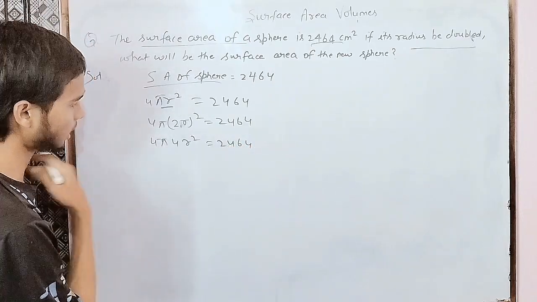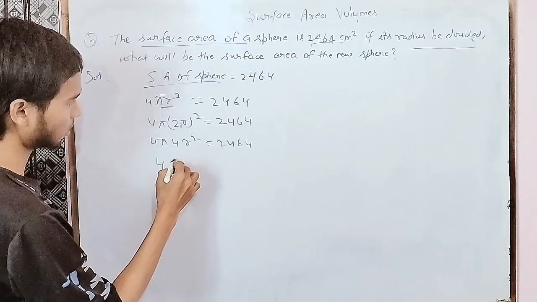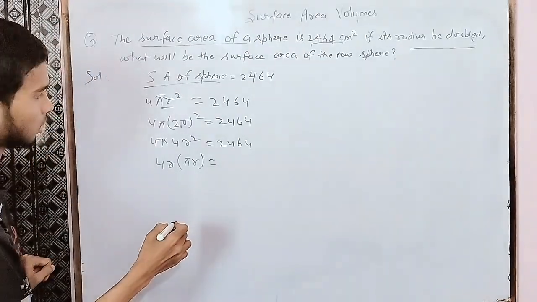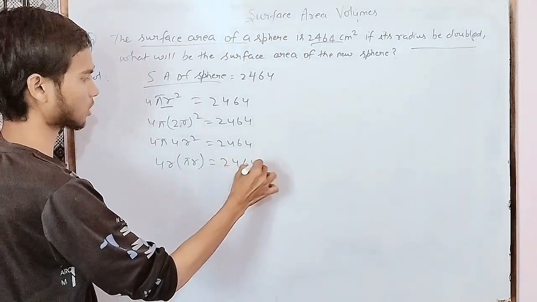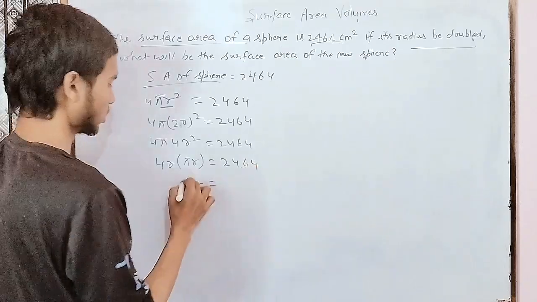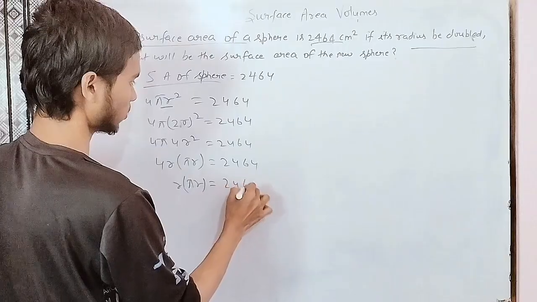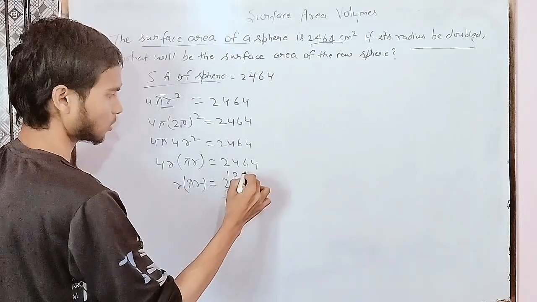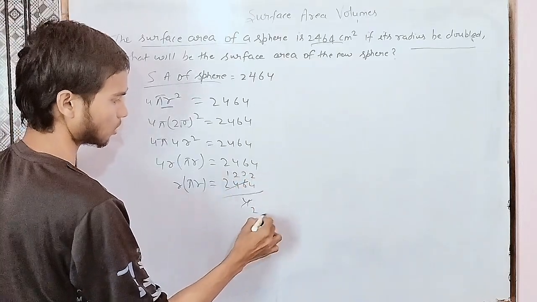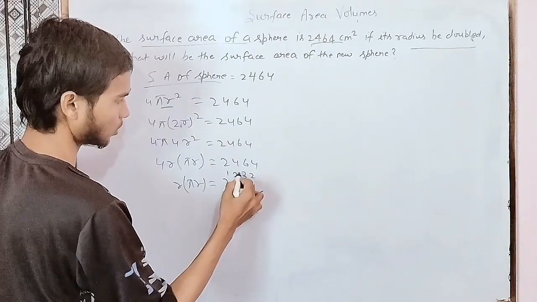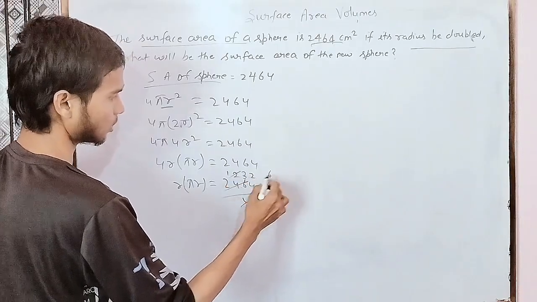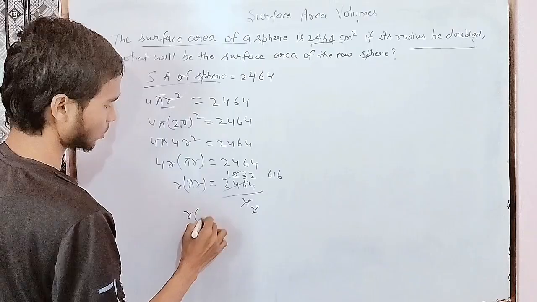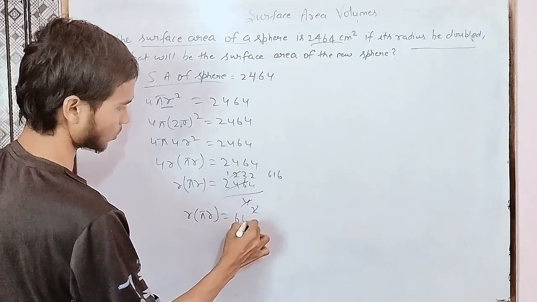Again here we can take r common. So 2464 is 4 pi r square, and 4 pi r square would be 616.